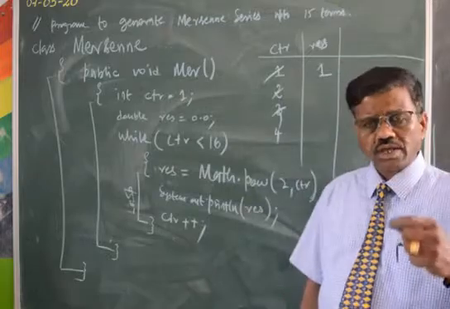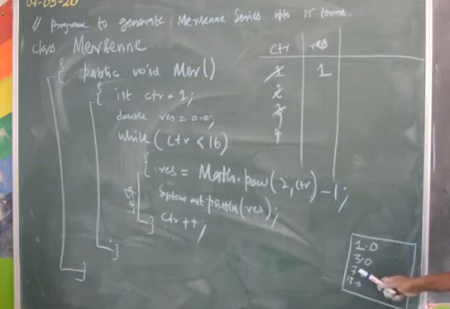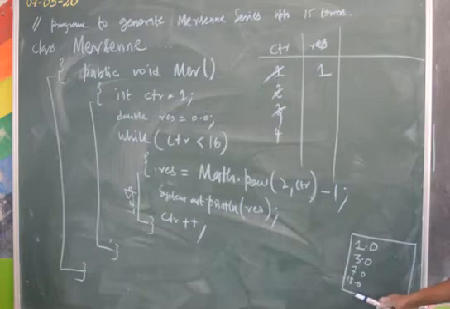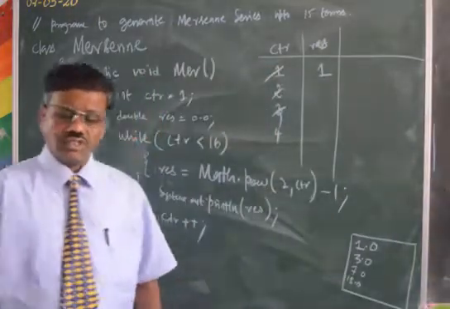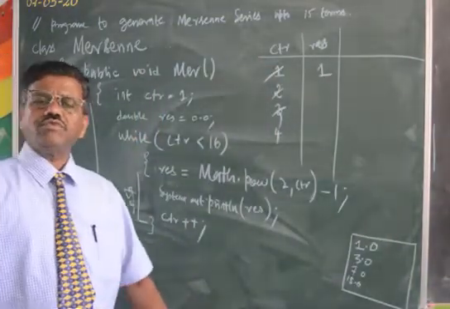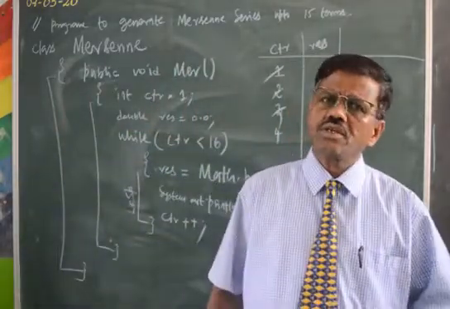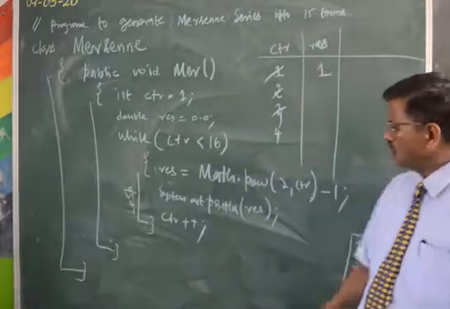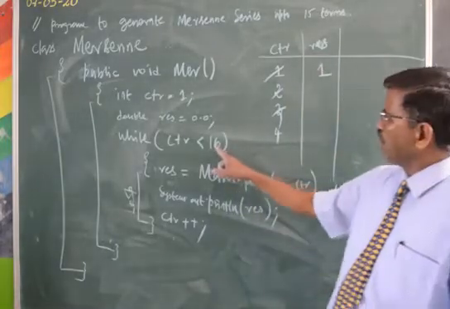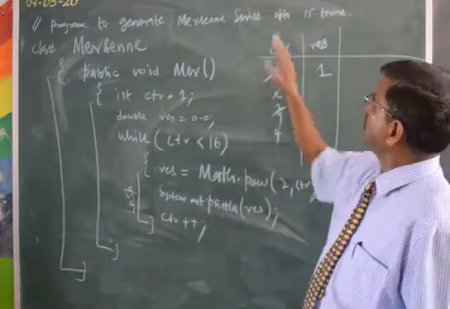If you put them in the appropriate place, your series will be generated: 1, 3, 7, 15, 31, 63, 127, 255, then 511, then 1023, 2047, and it keeps going. How many times will it go? 15 times. If I make this 100, your series for 100 terms will come.